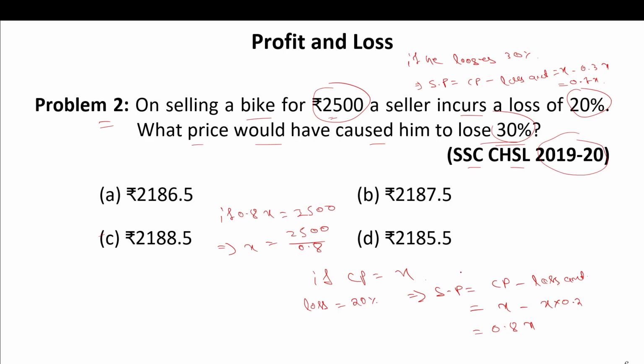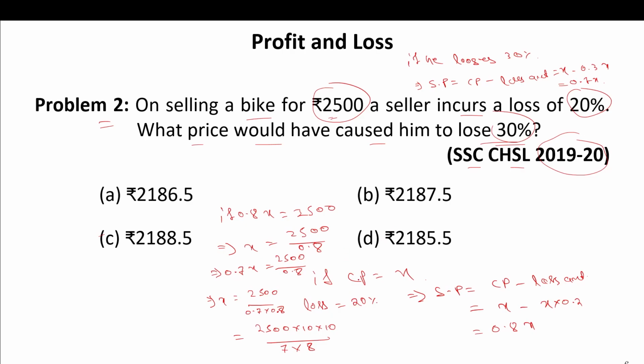So 0.7x is equal to 2500 by 0.8. This implies that x is equal to 2500 by 0.7 into 0.8. So this is equal to 2500 into 10 into 10 whole by 7 into 8. This is what we'll have.